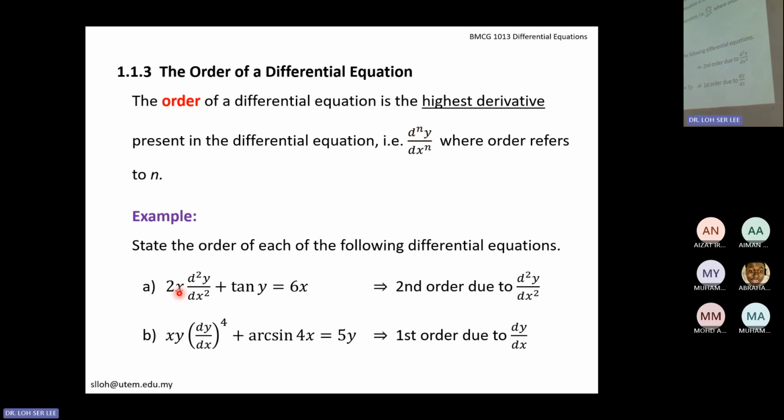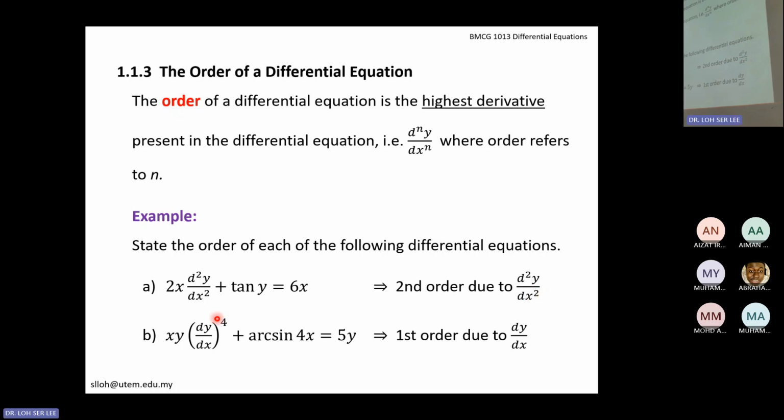In this example, we have only one derivative, d^n y over dx^n, and the value of n is 2. So this is second order, because of this term.